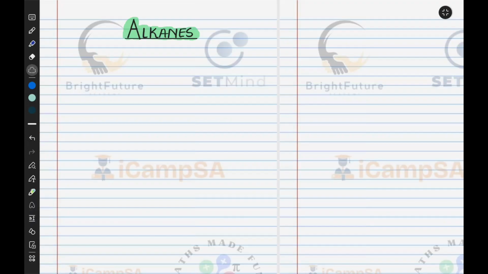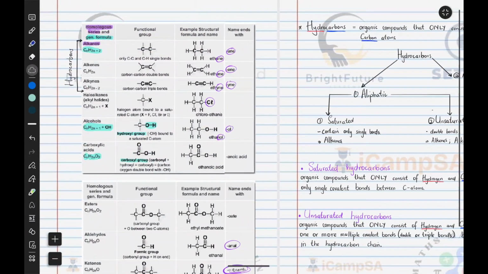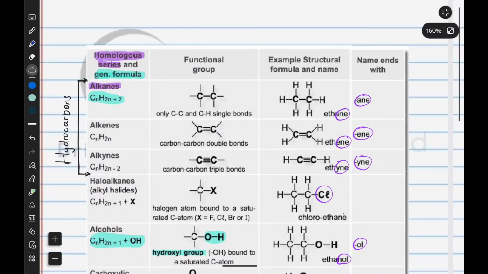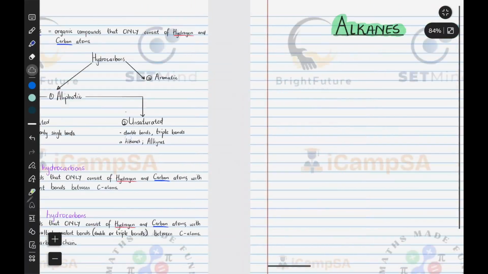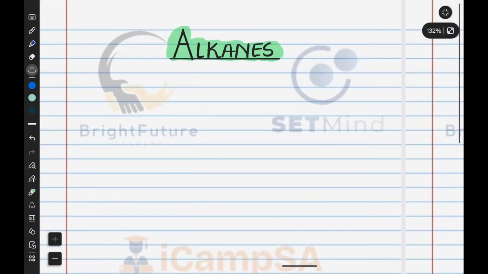They also have a general formula, CnH2n+2, and of course they have a suffix. If you remember our table from our previous video, the suffix is the ending of the name. Their suffix is ANE. That's one other characteristic of alkanes.